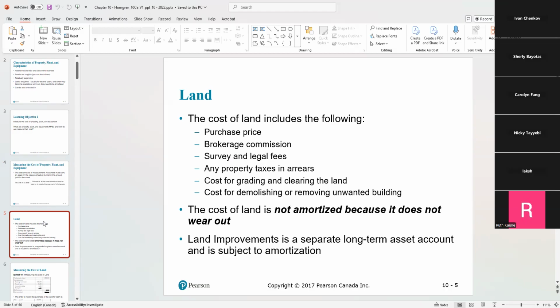Now, the cost of the land is not amortized. That's another thing that you have to remember. And the last thing to remember is that land improvement has nothing to do with the land. Land improvement is a separate asset. It has to be recorded separately.